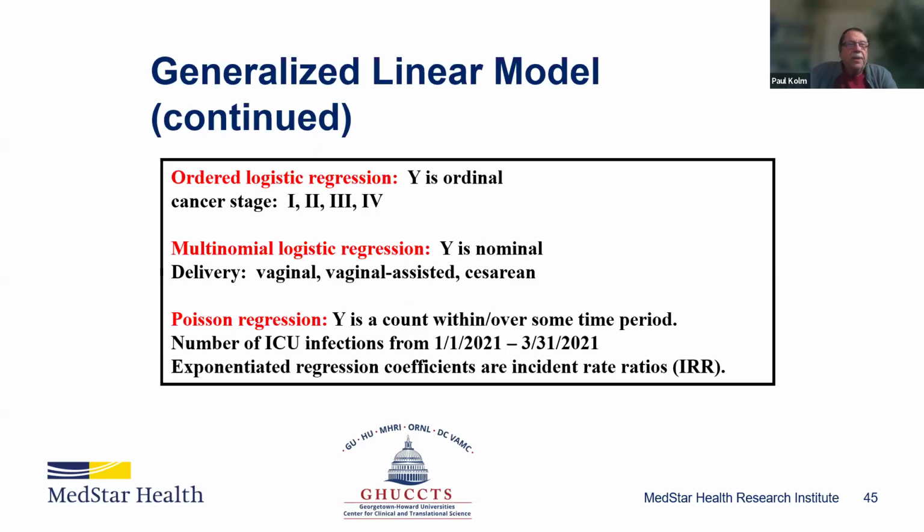And then Poisson regression is where our outcome is a count. For example, if we want to look at the number of ICU infections over a 3-month period, in Poisson regression, if we exponentiate the coefficients, we get what's called an incident rate ratio, and that would be analogous to the odds ratio in logistic regression.